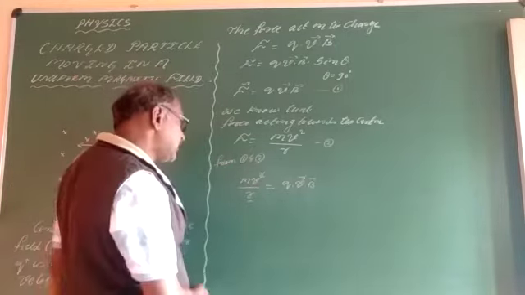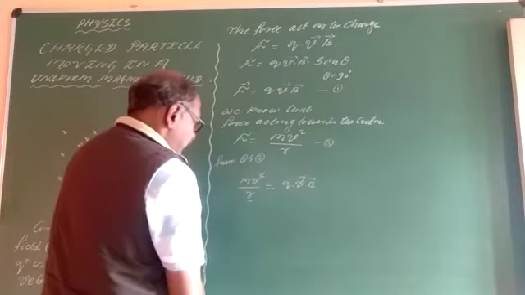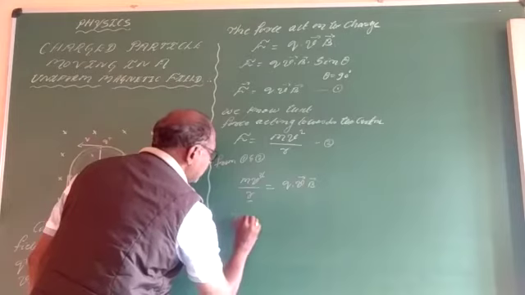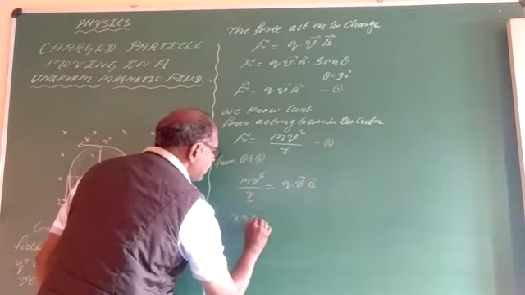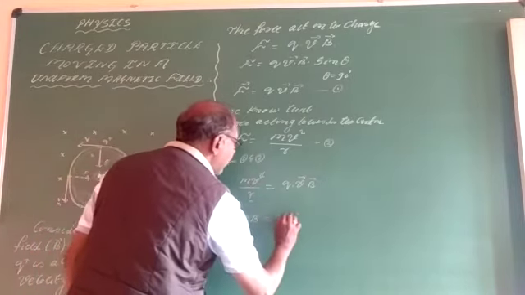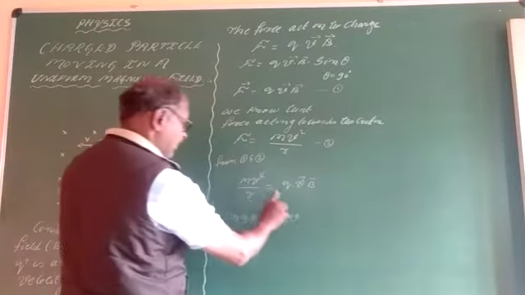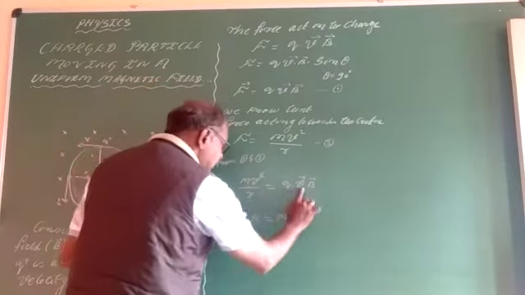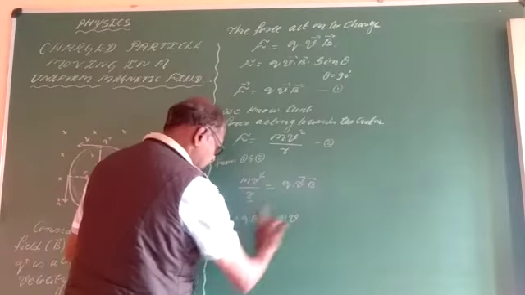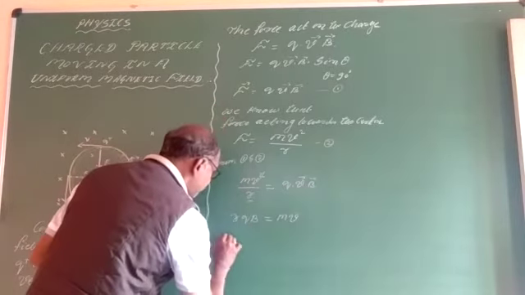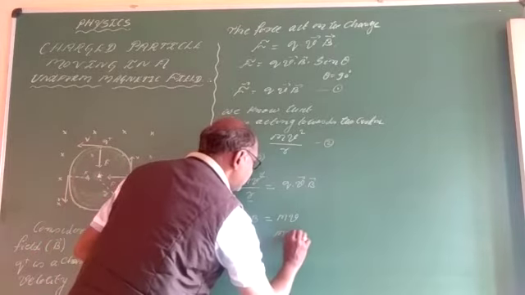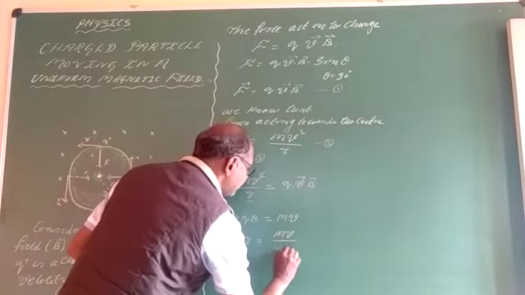We can easily calculate. r into Q into B is equal to mv, one v is cancelled with the v. So r, the radius, is equal to mv divided by QB.